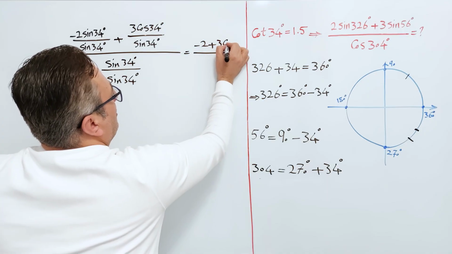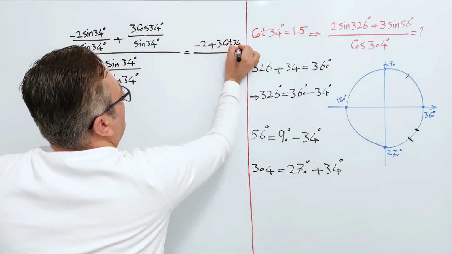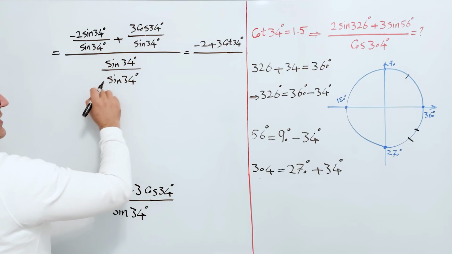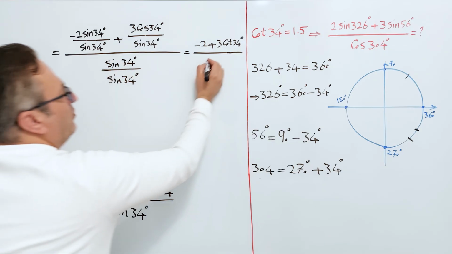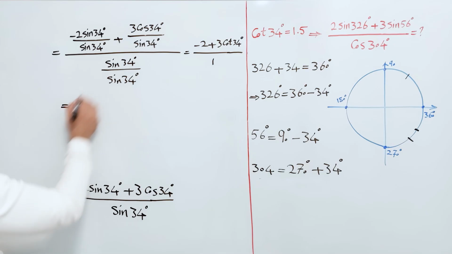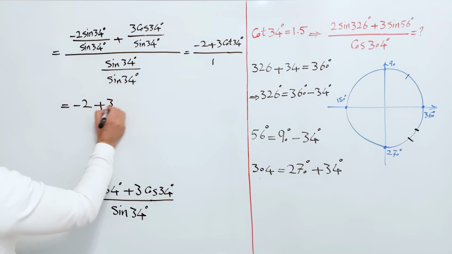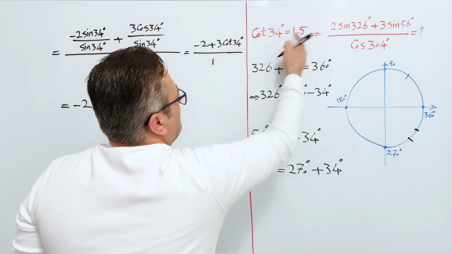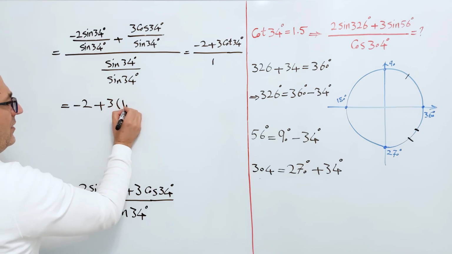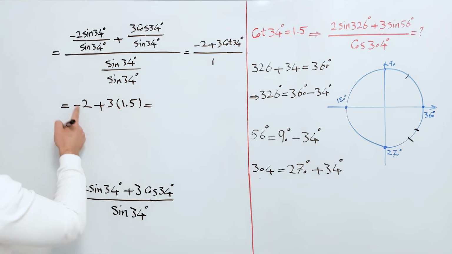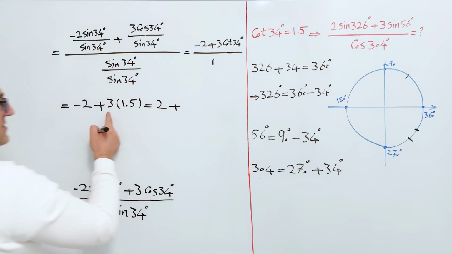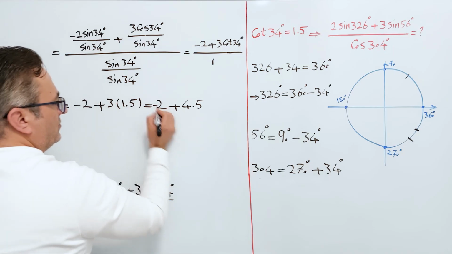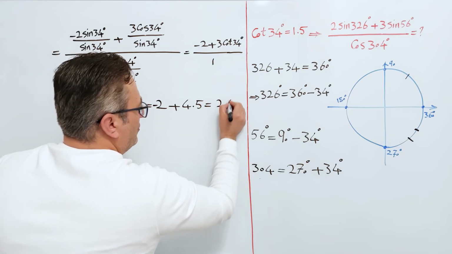We have 3 cotangent 34 degrees, divided by 1. So we have minus 2 plus 3 times, we know that cotangent of 34 degrees is equal to 1.5. So minus 2 plus 4.5 is equal to 2.5.